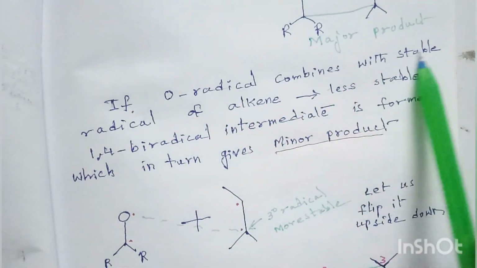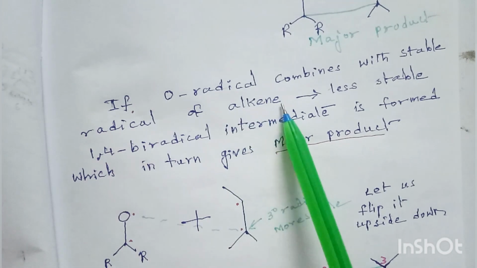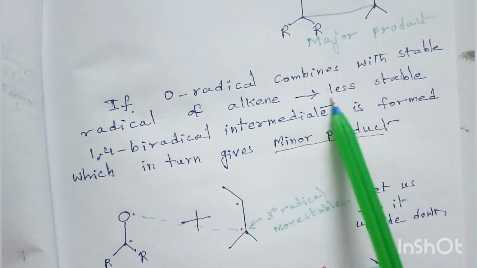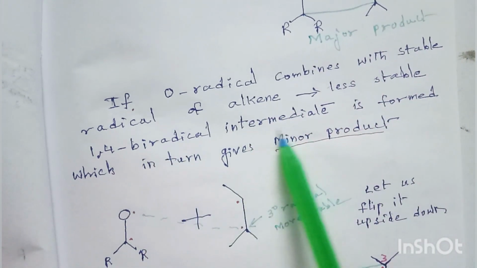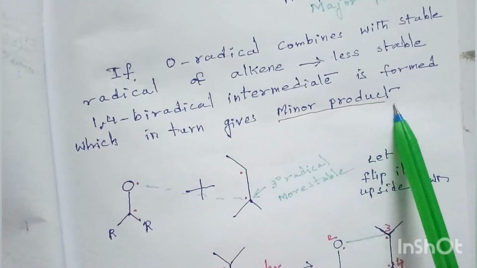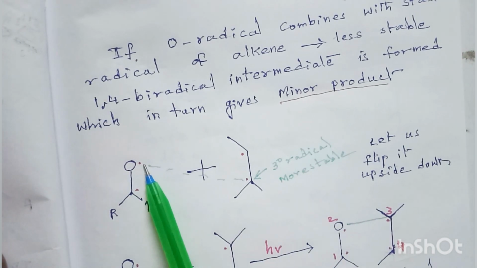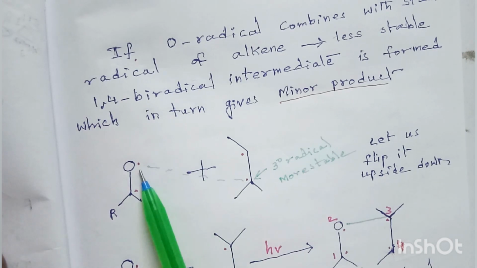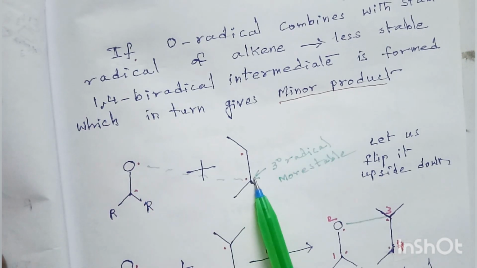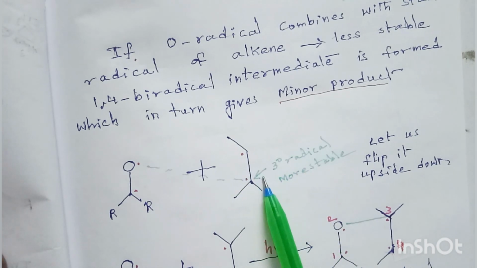If the oxygen radical combines with the more stable radical of the alkene, a less stable 1,4 biradical intermediate is formed, which gives the minor product. So this is the oxygen radical, which is less stable. It will combine with the more stable 3-degree radical of the alkene.